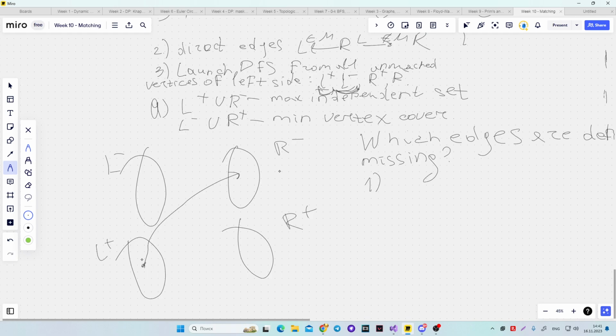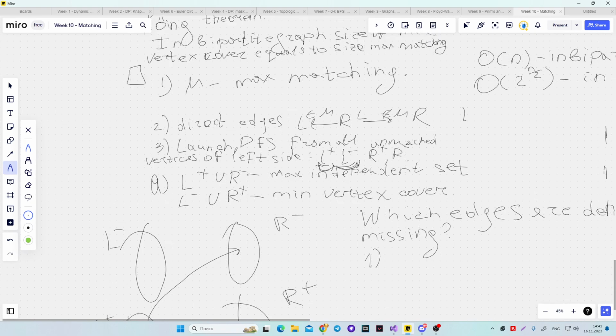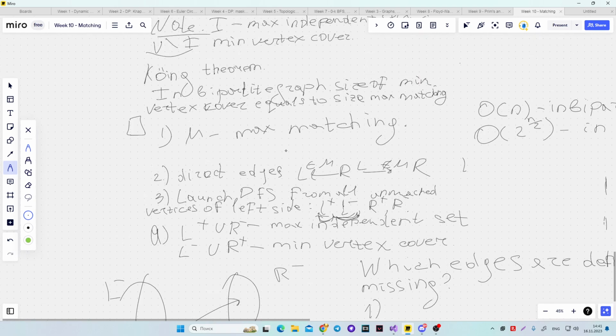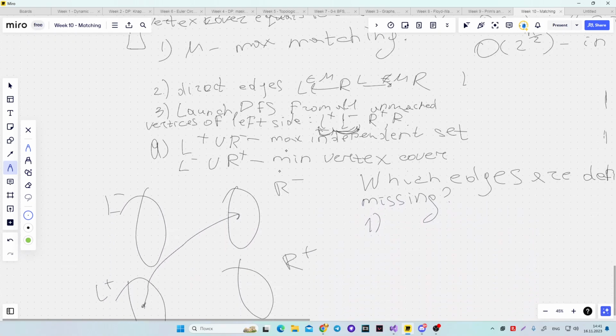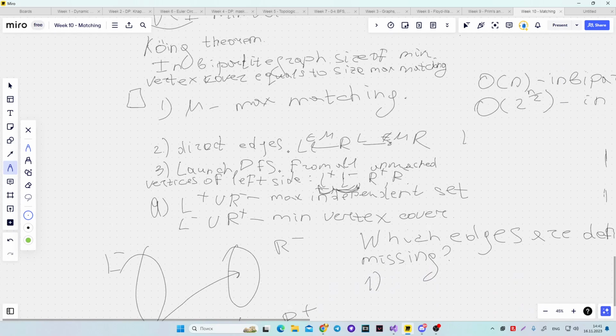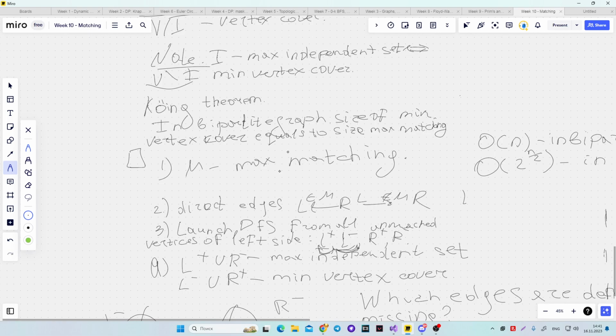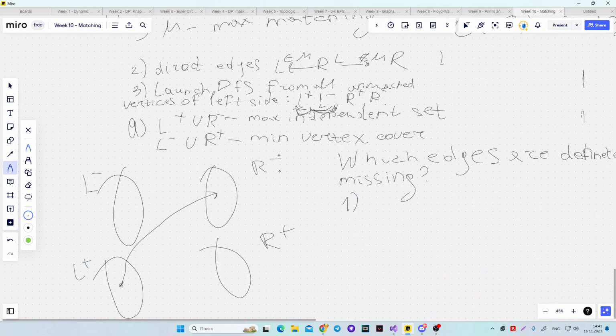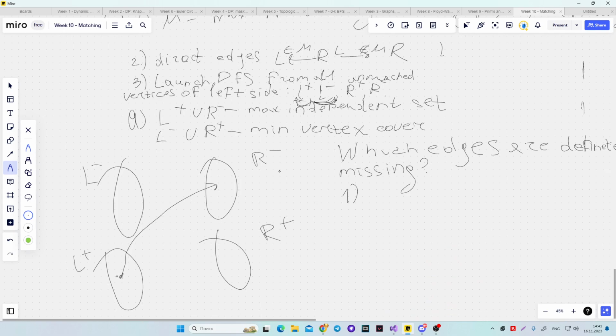Because if we launch the DFS for L plus, we get many vertices in L plus, and we visit these vertices.